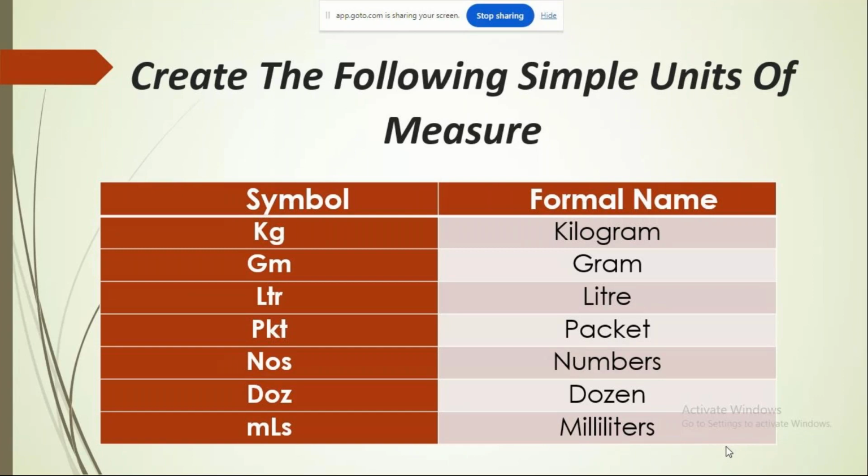Then symbol DOZ, formal name dozen, and symbol MLS, formal name milliliters. Okay, like this. So you have to create this in the Tally software. So let's start. I hope all of you are ready. Then we can go for creation of compound units of measurement.